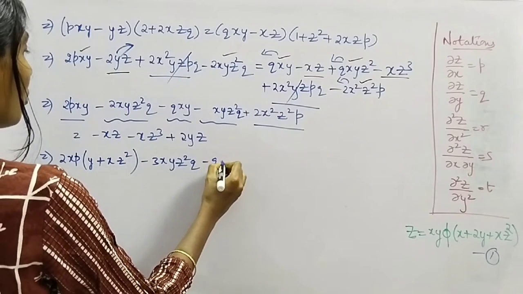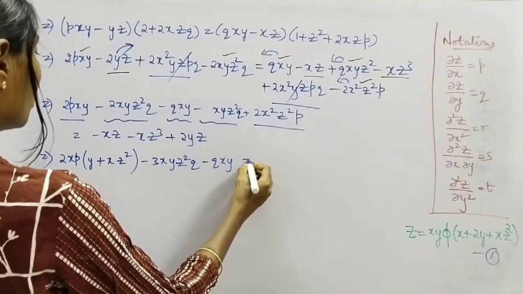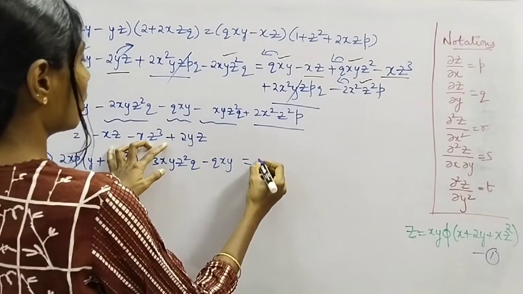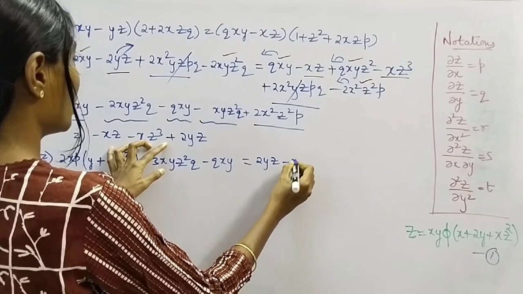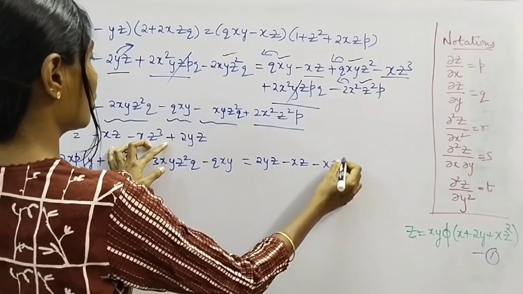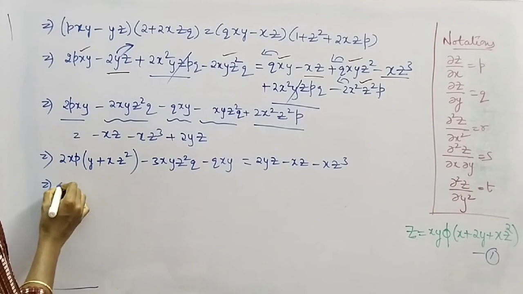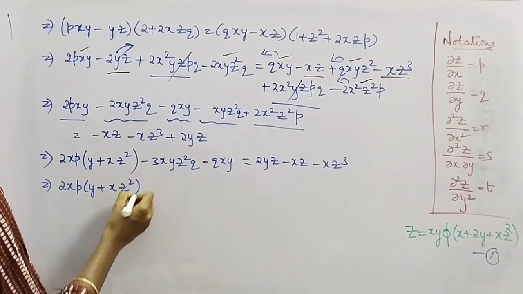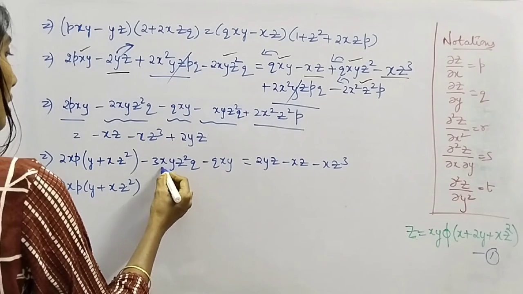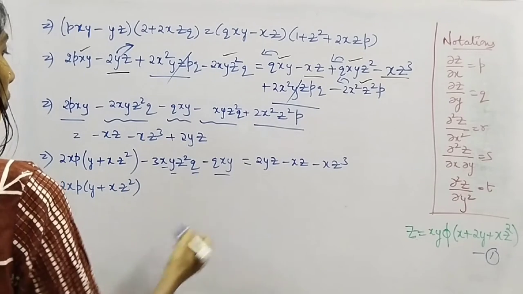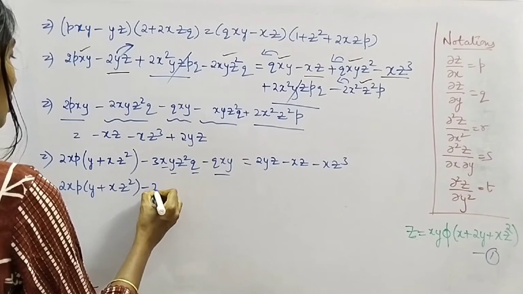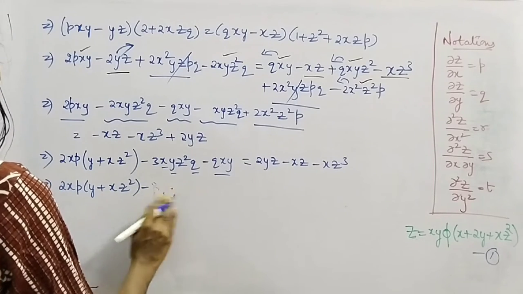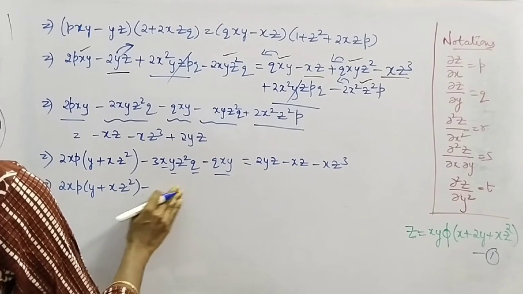And this term minus qxy equal to, take z common from these 3 terms, or you can just write this as 2yz minus xz minus xzq. Now take minus xqy common from these 2 terms. Minus xqy or qxy better. Let's write it as qxy.